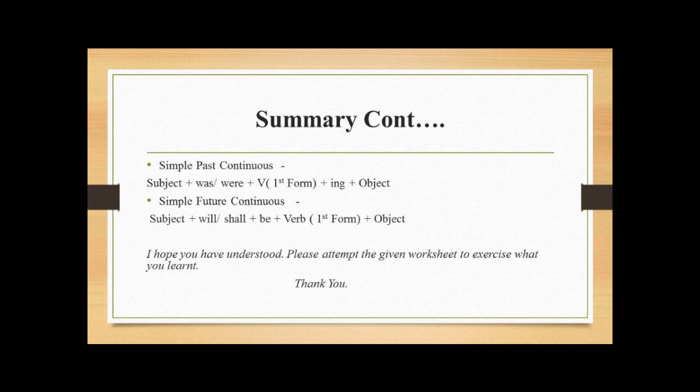Now let's come to the simple past continuous, and the form used is subject plus was or were plus first form of the verb plus ing plus object. Simple future continuous, and the form used is subject plus will or shall plus be plus first form of the verb plus ing plus object. I hope you have understood.